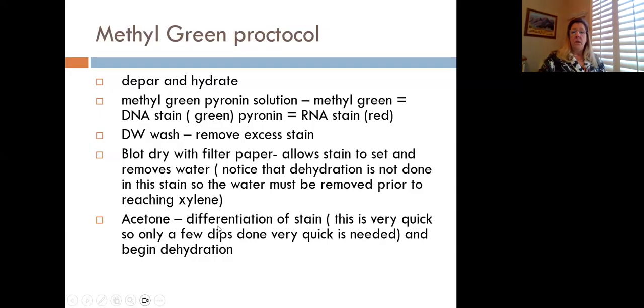We still have to differentiate it, so we're going to go into acetone, and this is very quick. So it's literally, my slide is dried, we got a Copeland jar of acetone, I'm just going to go bloop, bloop, and I'm out.